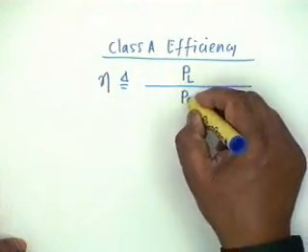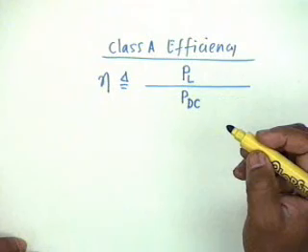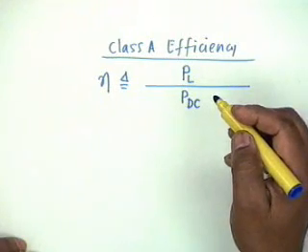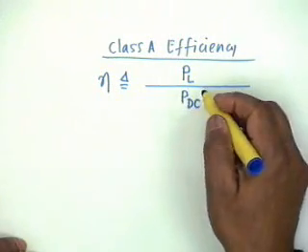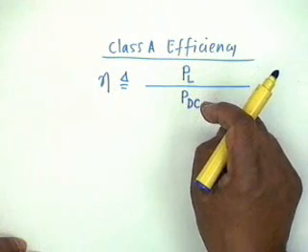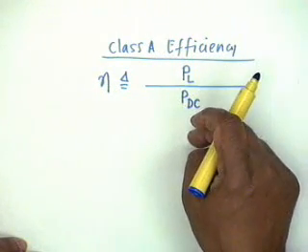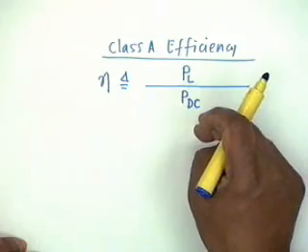You are basically asking for undistorted amplification, so one cycle of a sine wave is good enough, divided by the DC power that is supplied by the battery. And as I had told you earlier, this DC power is mostly dissipated in the output transistors, and therefore if you calculate the dissipation in the output transistors, that's good enough.